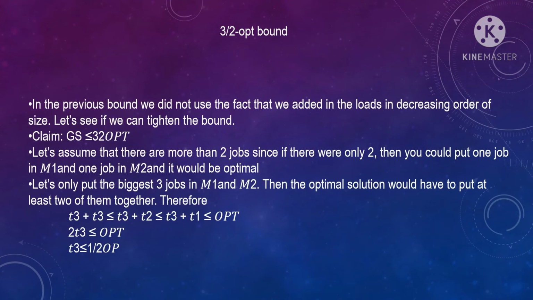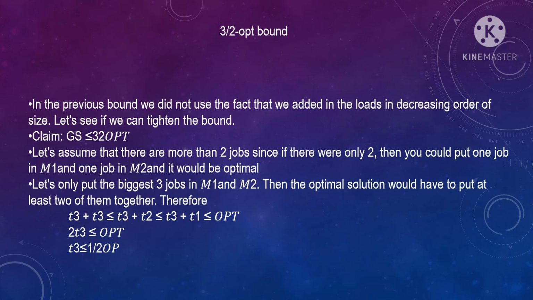In the previous bound, we did not use the fact that we added the loads in decreasing order of size. Let's see if we can tighten the bound. Claim: GS is less than or equal to 3/2 OPT. Let's assume that there are more than 2 jobs, since if there were only 2, then you could put 1 job in M1 and 1 job in M2.